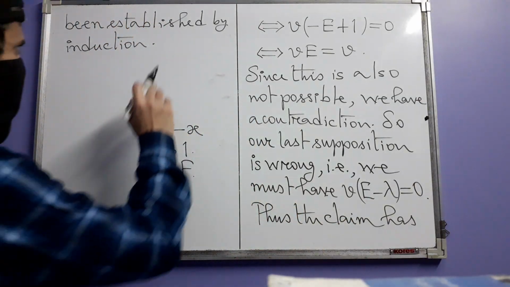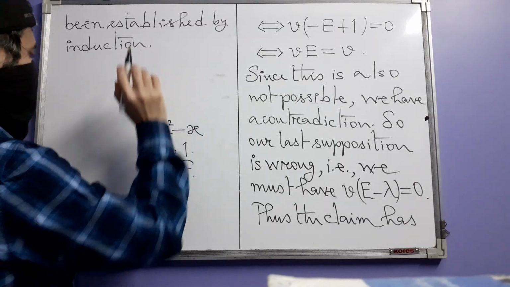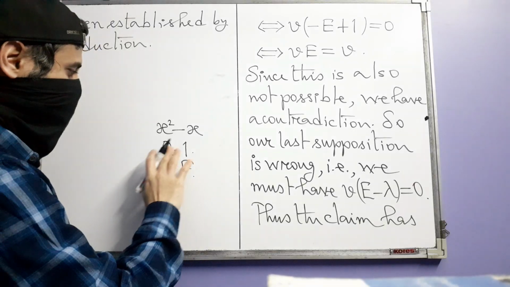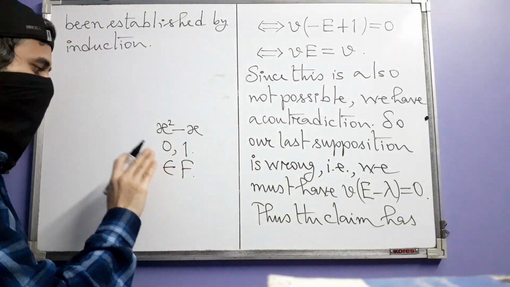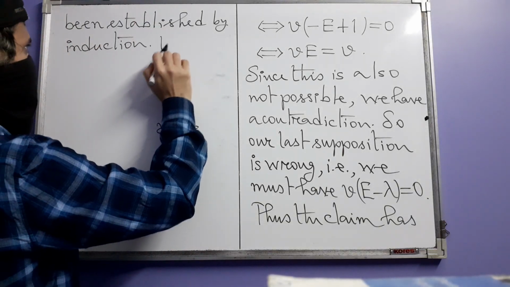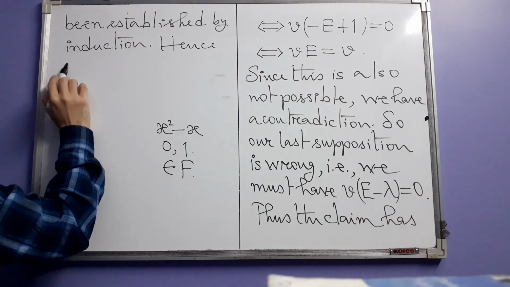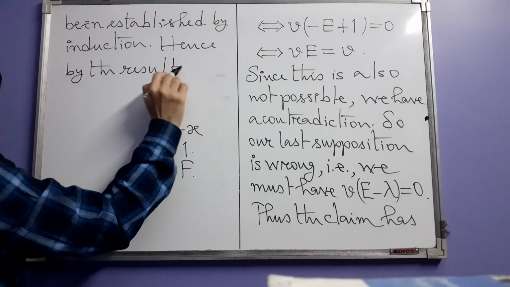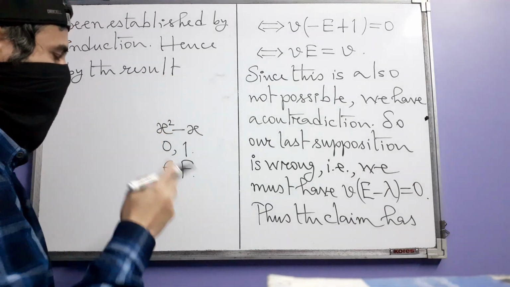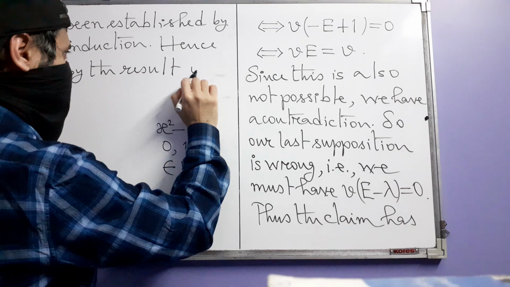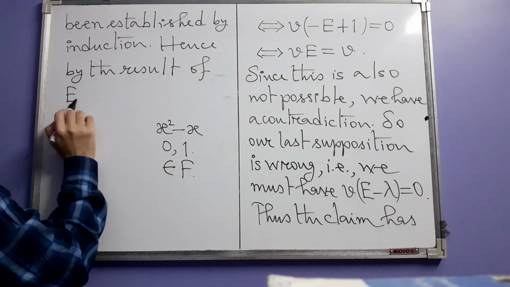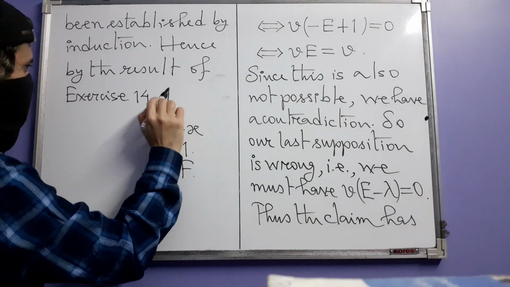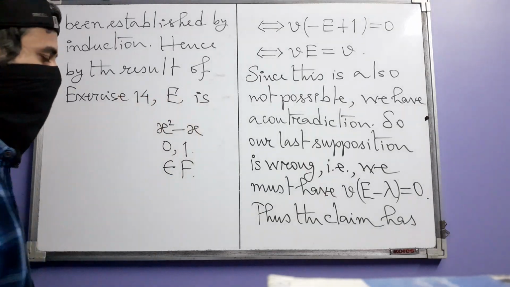So, we can just simply now write: it has become clear in the course of proving all these things that the possible eigenvalues of E belong to F. Hence, by the result, we can apply the result of problem 14. E is diagonalizable.